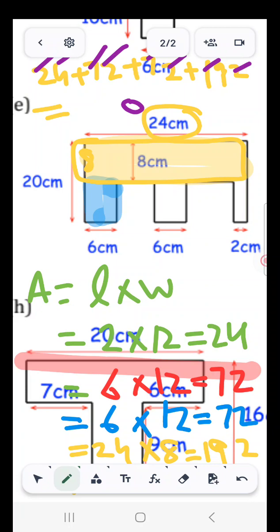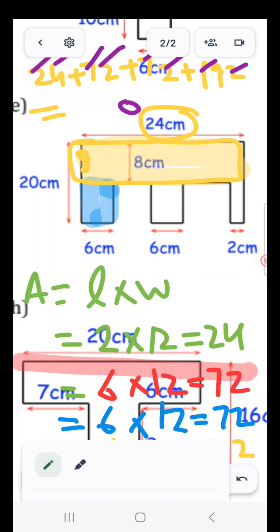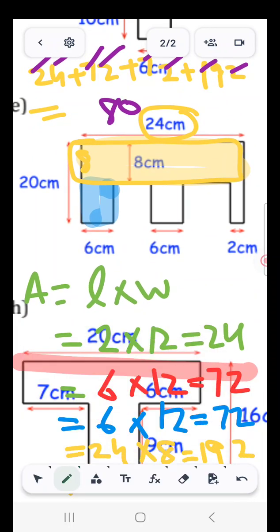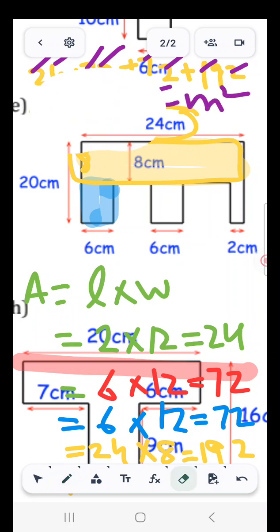So 1 was in mind, so it makes 18 here. 4, 2, 6, 7, 8, 9, 10. 2, 7, 9, add 7, 16, add 9 should be 25, and it makes 26, sorry. So 6 here. And 1 add 2 should be 3. So 360 centimeters square is the last answer.